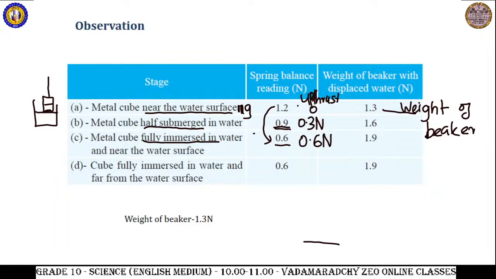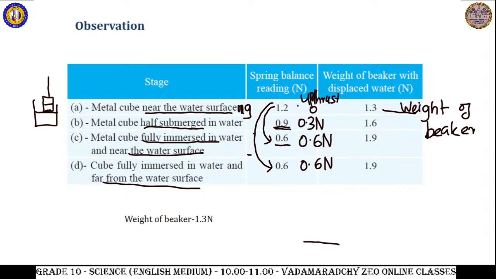Is that clear? And in the final instance, the cube is fully immersed in water and far from the water surface. Both are fully immersed, but one is near the surface and this one is far from it. So the upthrust is 1.2 minus 0.6, which becomes 0.6 Newton.